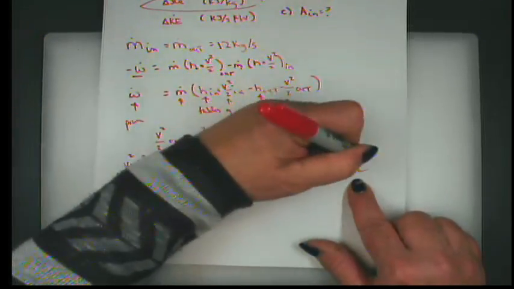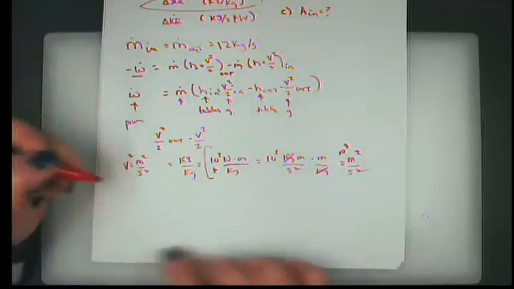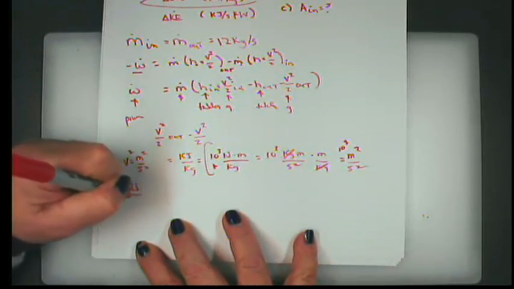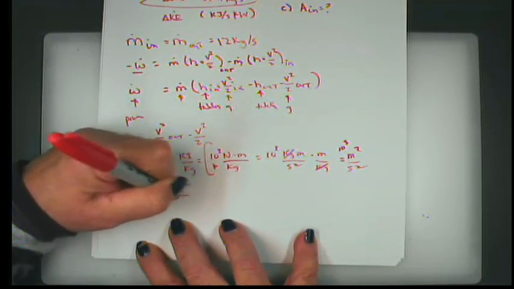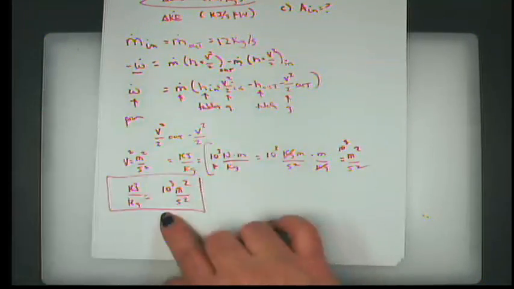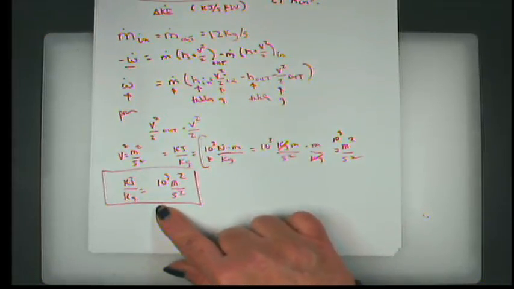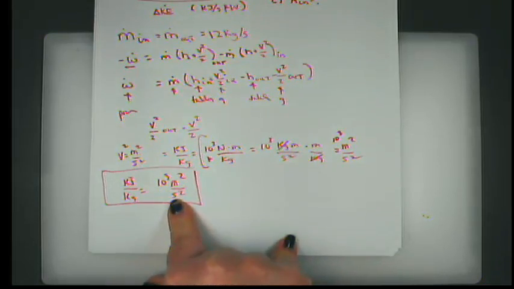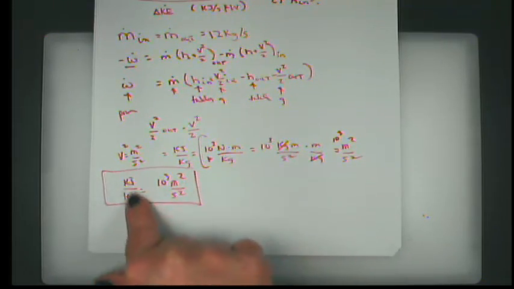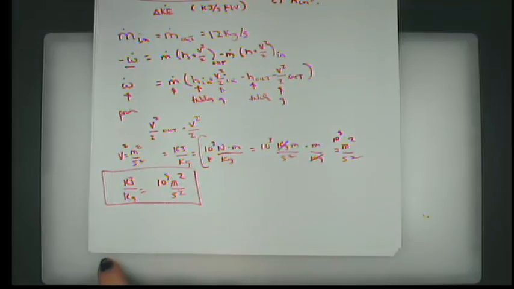So we do have that 10 to the third, right? So what we can say is a kilojoule per kilogram is 10 to the third meters squared per second squared. That's to get our order of magnitude correct. Okay, so if you come out with meters squared per second squared, you have to divide it by 10 to the third to get kilojoules per kilogram. Okay, yeah, that's better, isn't it?